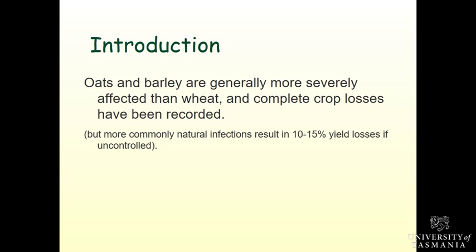It does invade quite a wide range of the Poaceae, so it also gets into ryegrass and other grasses and other crops too, other grain grass crops. Complete crop losses can occur, but that's unusual. It's usually around about 10 to 15% yield loss, which doesn't sound terrible, but you're talking about small margins in grain production, and that can be enough to lose your entire profit.